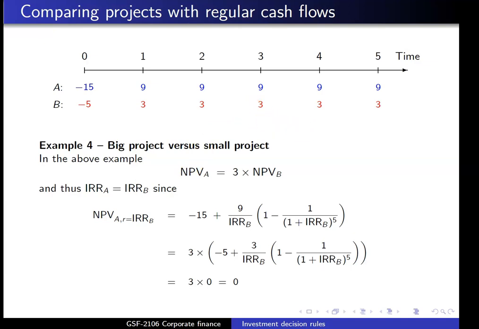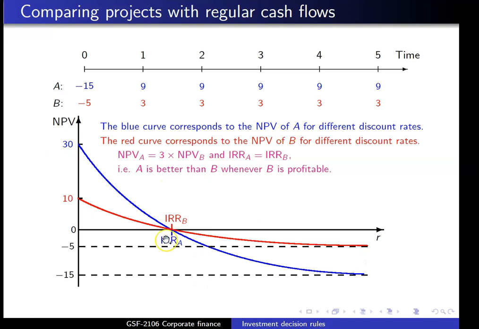So here's an example of two projects where A is preferred to B whenever both projects provide positive net present value. Here the NPV rule says pick A over B. Now the internal rate of return rule will say undecided.